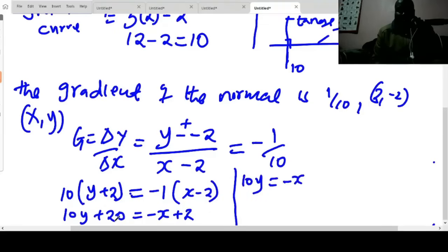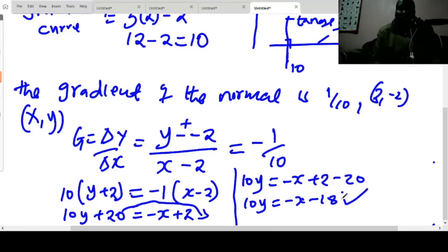Bring this 20 from the left side to the right side. So this one, when it crosses here, becomes negative because here it is positive. So that one plus 2 minus 20. So 10y is equal to negative x, 2 minus 20, the answer should be minus 18.